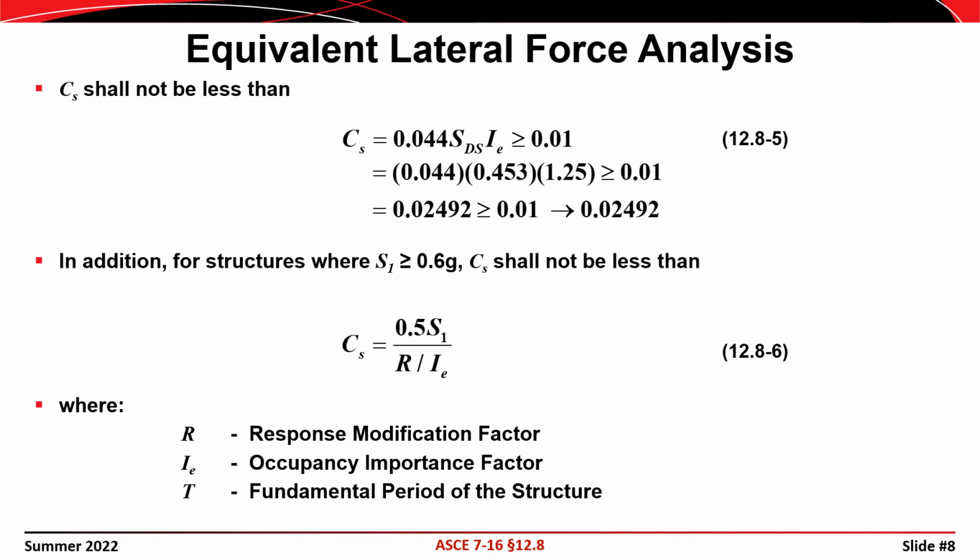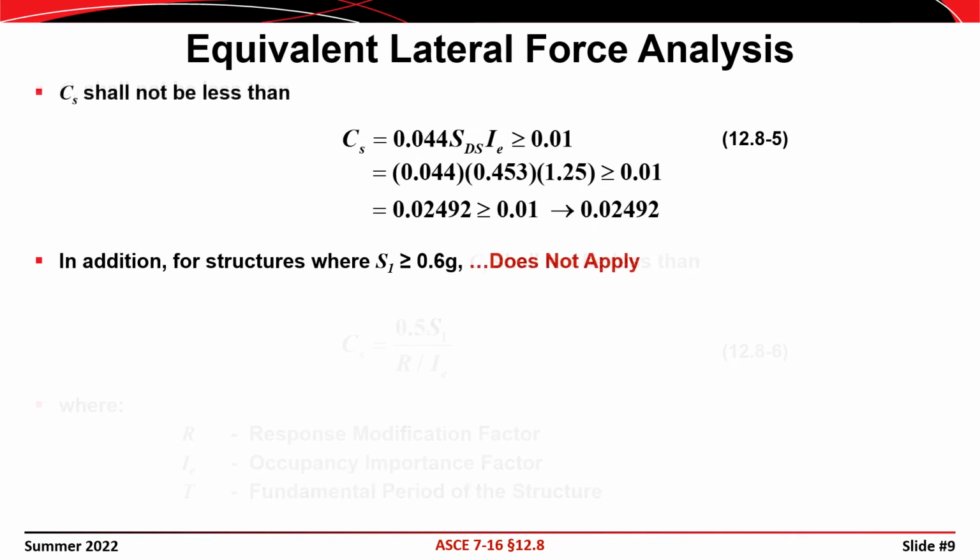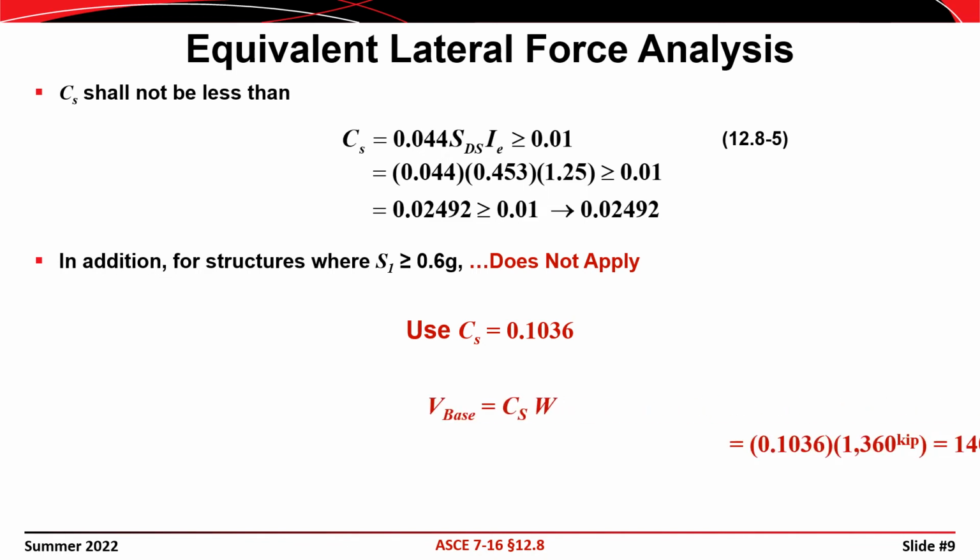In addition, for structures where S sub 1 is greater than 0.6 g, C sub S shall not be less than 0.5 S sub 1 divided by R over I. That doesn't apply in this case, so we use C sub S equal to 0.1036, and we have a base shear, V sub base, equal to 0.1036 times our seismic weight of 1,360 kips, equal to 140.9 kips.